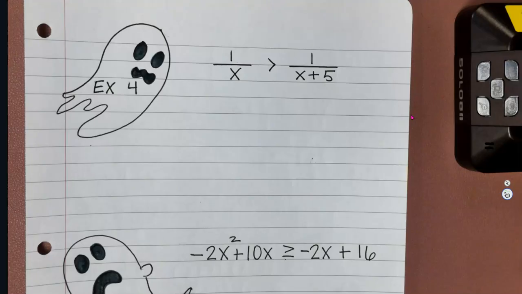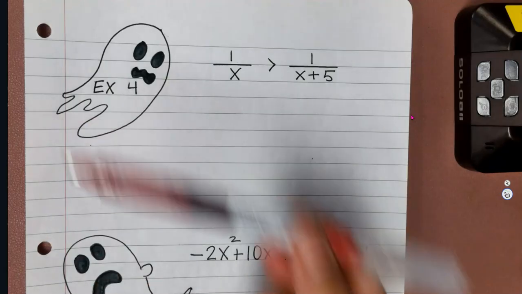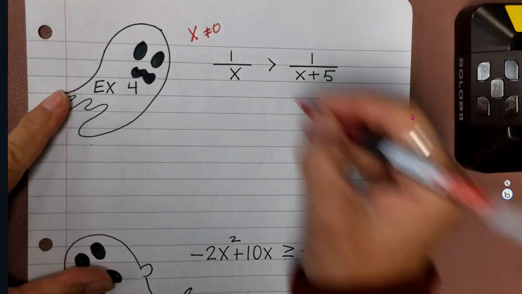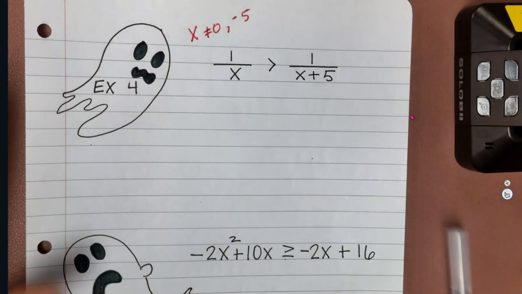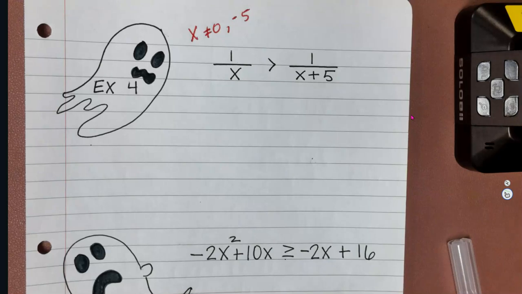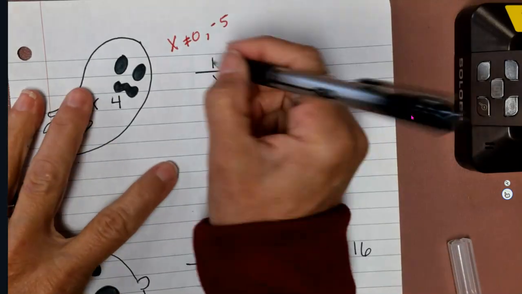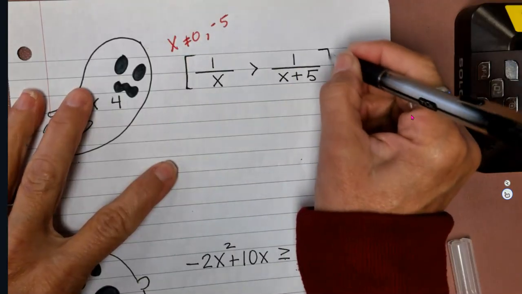All right, so 1 over x is greater than 1 over x plus 5. You have 2 restrictions with my favorite red pen. X cannot equal 0 or negative 5. No, it cannot. All right, so after we state those restrictions, the next thing we're going to do is get rid of those fractions altogether. I am going to multiply both sides by the LCD.